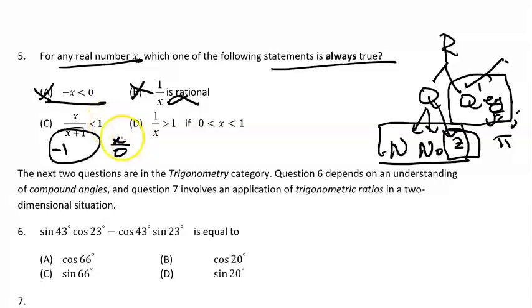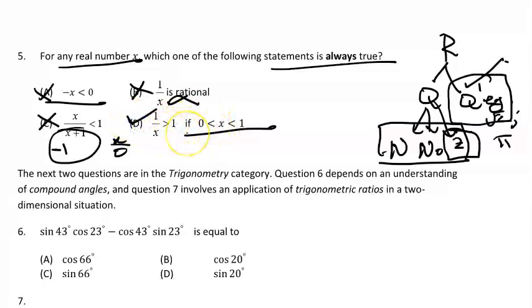There's no restriction here. So that's out, because you can't have division by 0. So by a process of elimination, D is the correct answer here. 1 over x is greater than 1 if, look at this restriction, x is greater than 0 and less than 1. So if you put any fraction in here, 1 over a fraction will be greater than 1. So D is the correct answer.